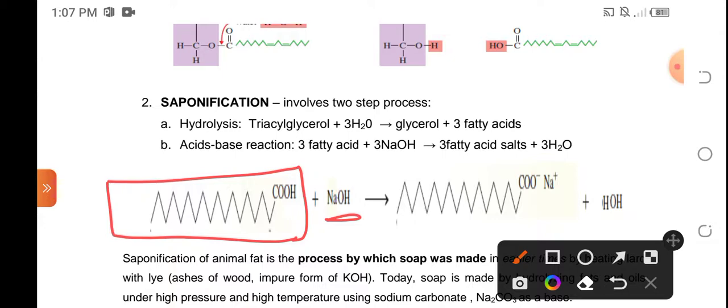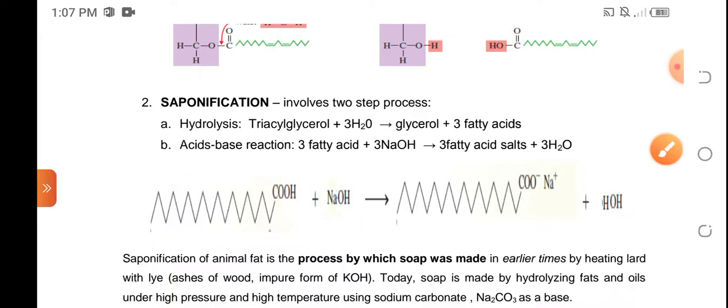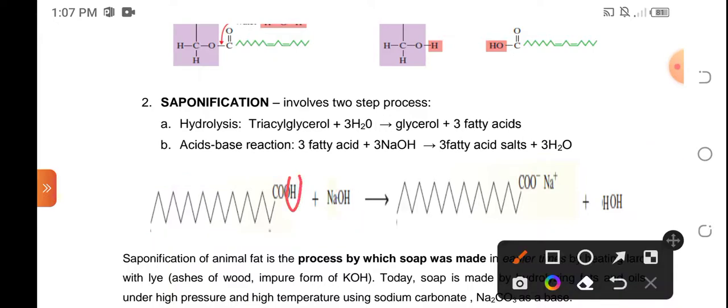Okay, so the mechanism here is the hydrogen coming from the fatty acid and the hydroxide group coming from the base, or from the sodium hydroxide, will interact together to form water. And from that, the hydrogen will be replaced by the sodium.